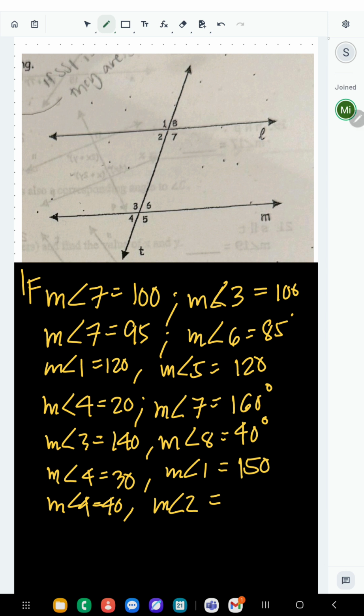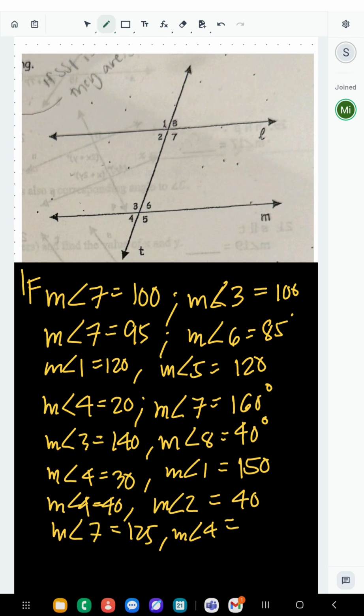One is interior. Yeah, so for angle 4 and angle 2, they're congruent, right? They're corresponding angles. And then the measure of angle 7 is 125. What is the measure of angle 4?